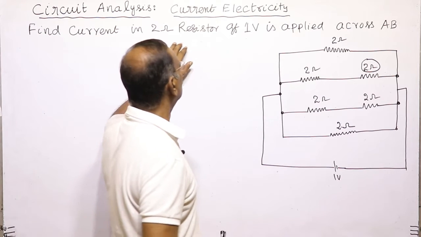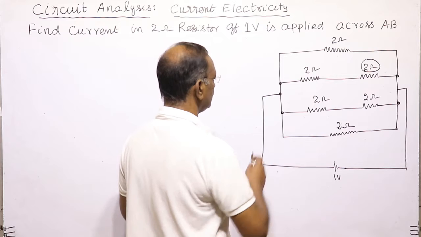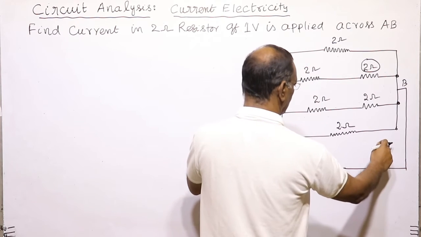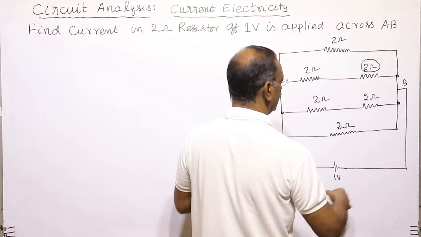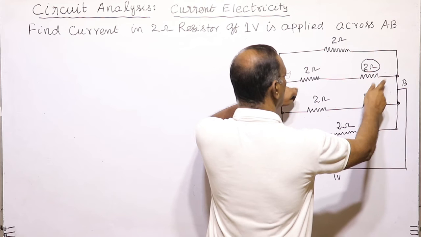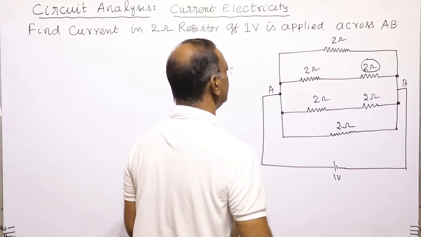Find the current in the 2 ohm resistor if 1 volt is applied across AB. So this is point A, this is point B. 1 volt is applied across AB. It means this is all in parallel. So 1 volt is applied in this branch also, and in this branch also.